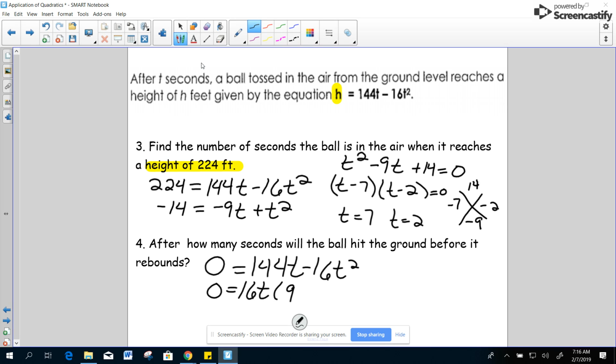I'd be left with 9 minus t. Solving each aspect to find what t would be to make each 0, I would have t equals 0, and I would have t equals 9. Using these as examples, you should be able to work on your application of quadratic word problems.